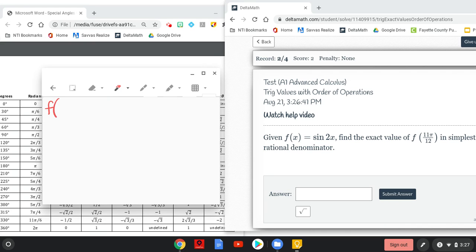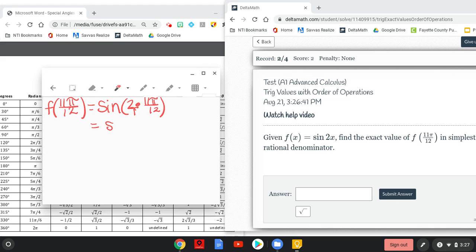So if I want to find f of 11 pi over 12, then I need to take sine of 2x, but instead of x, I need to substitute in 11 pi over 12. And I'll need to multiply 2 times 11 pi over 12, and 2, if y'all write as a fraction, is the same as 2 over 1, and you multiply fractions straight across.